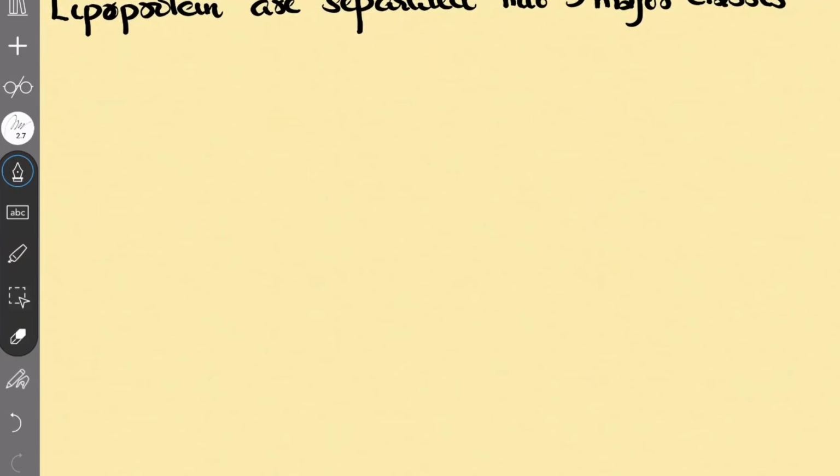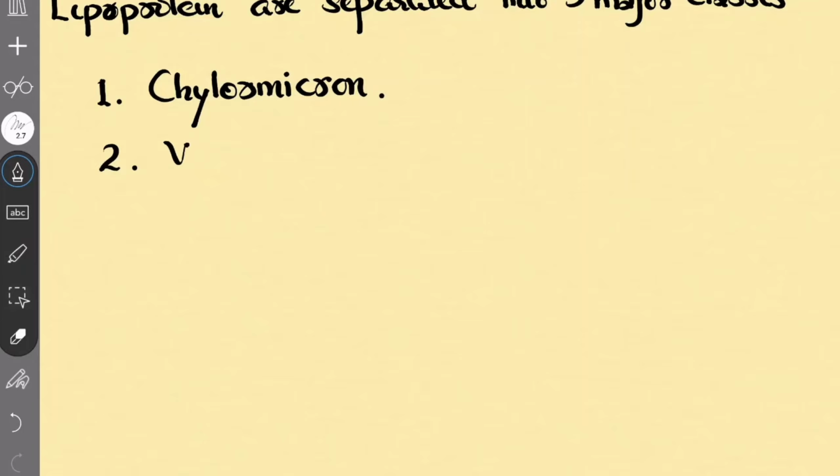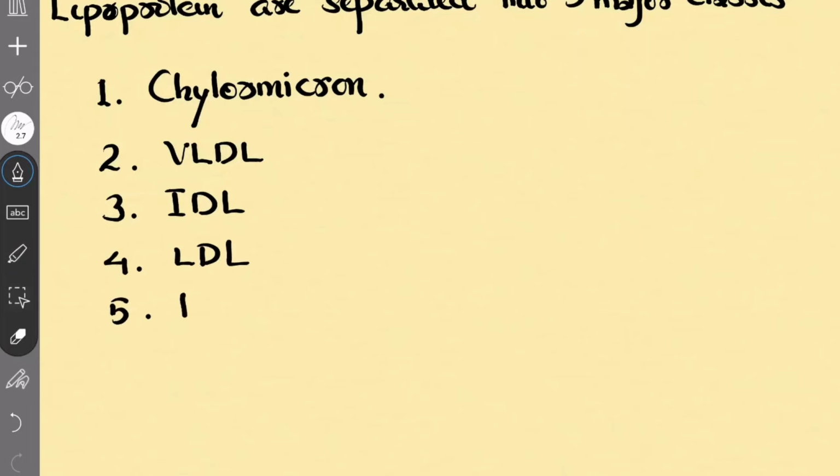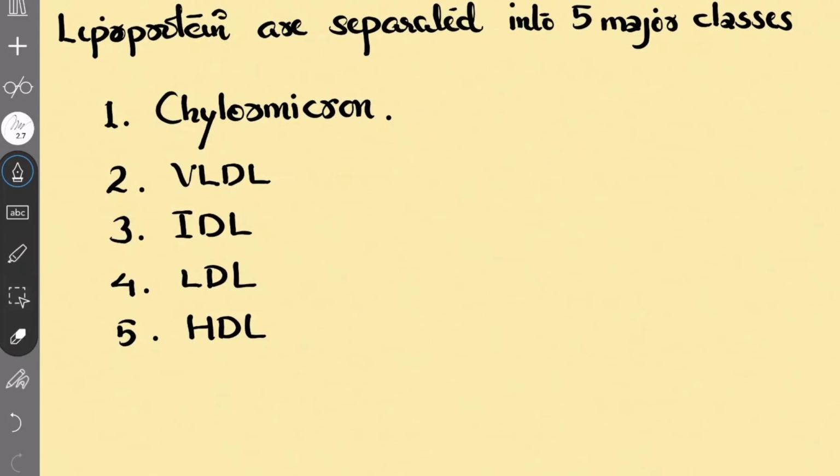The 5 major classes are: first, chylomicron, which is very less dense; VLDL, very low density lipoprotein; then intermediate density lipoprotein; then low density lipoprotein; then high density lipoprotein.